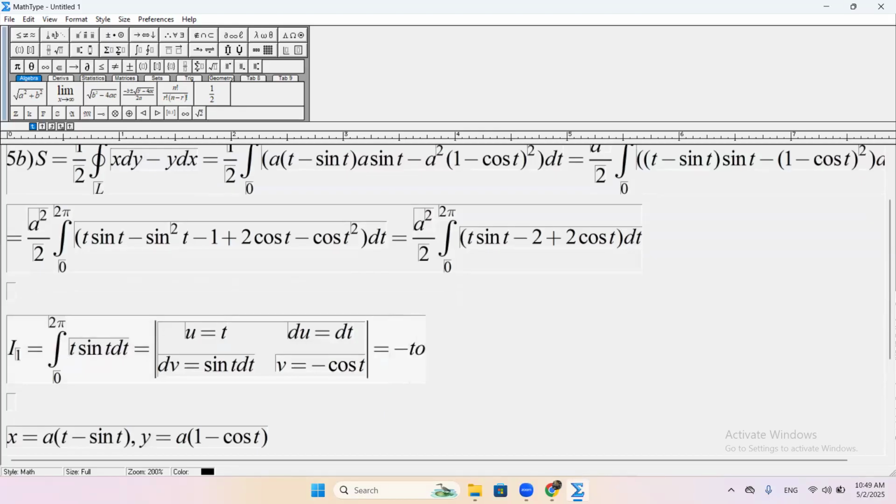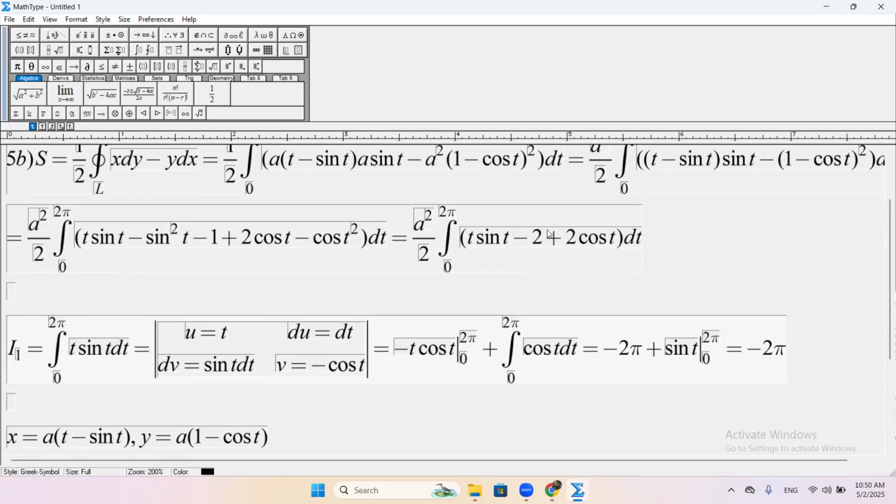So minus t cosine of t with the substitutions from 0 to 2π, plus the integral of cosine. Here we have minus 2π for this expression, and plus sine of t with substitutions from 0 to 2π. So it equals minus 2π.